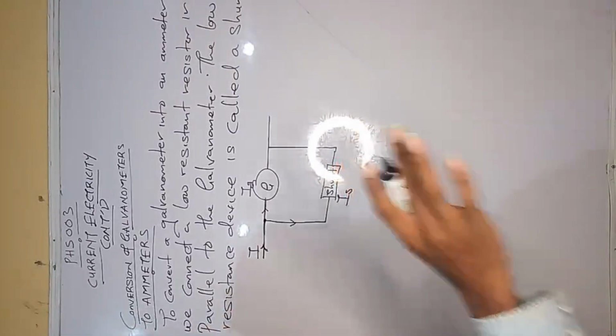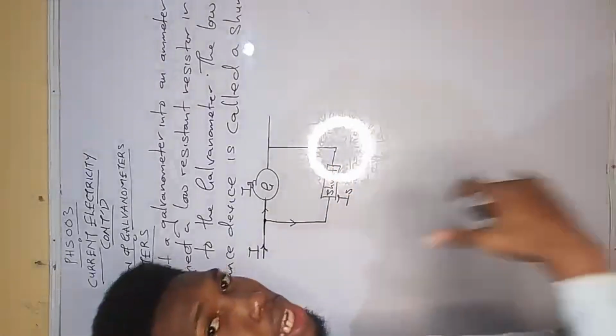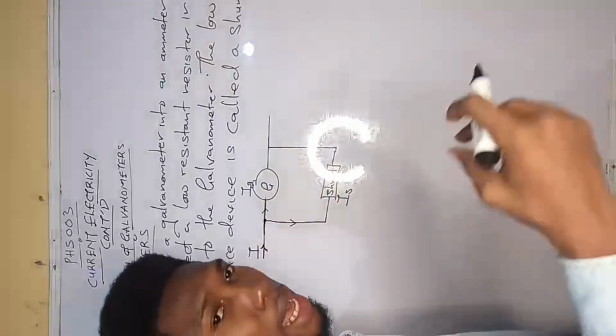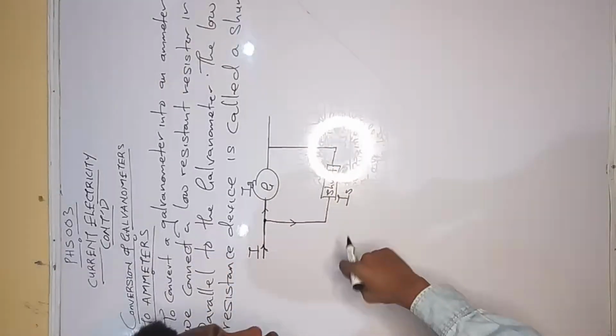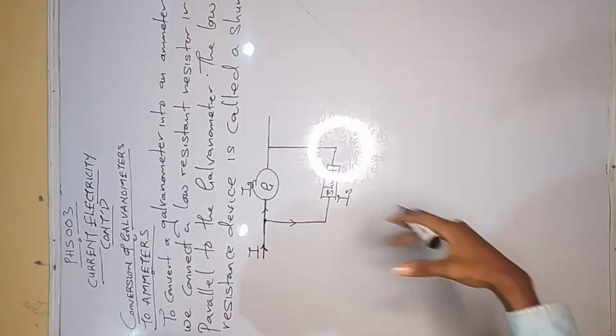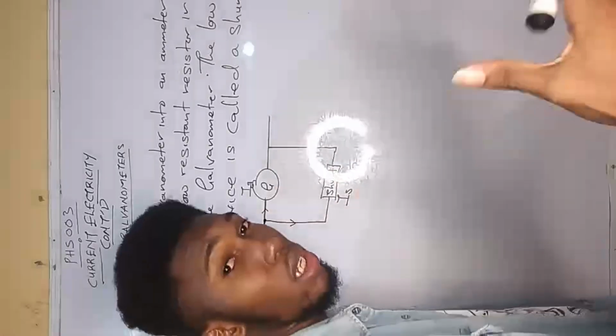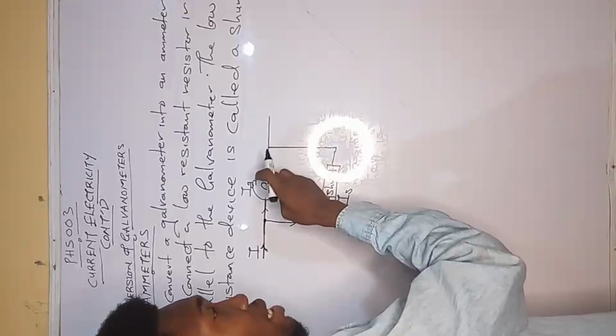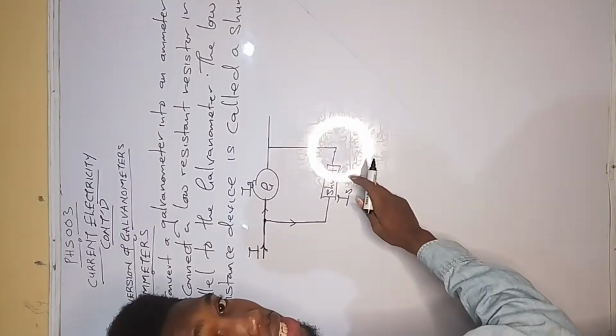Okay, having known that, we can now state that in a parallel connection, we know from our last class that voltage is constant. So the voltage here is still the same voltage in this region.